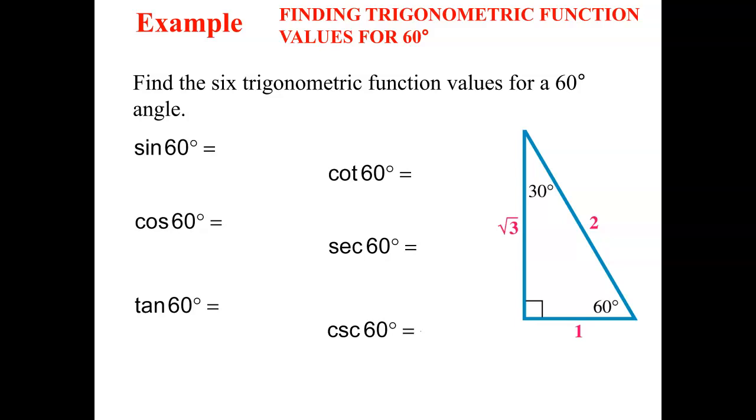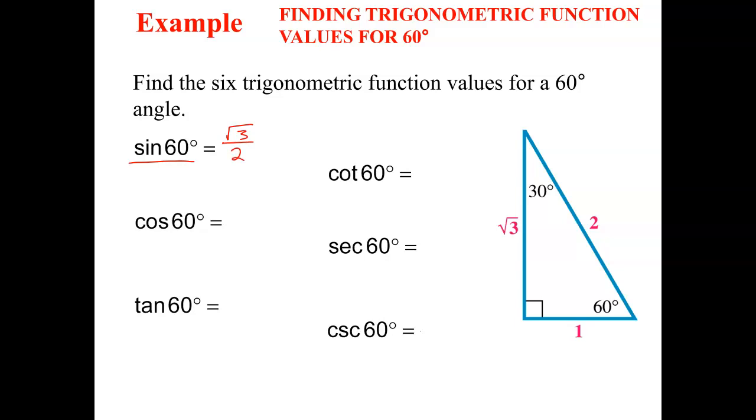So now that we have our 30, 60, 90 triangle, we can find the trigonometric ratios for each of those. So for sine of 60 degrees, what two sides am I going to use? Opposite and hypotenuse. Okay, what side is opposite of my 60 degrees? Square root of 3. So root 3 over what? Over 2.